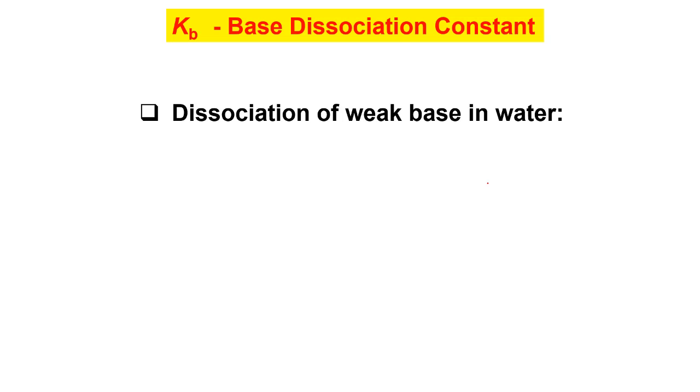Okay, satu lagi Kb ataupun base dissociation constant. So this is also applicable for weak base. So weak base kita tahu dia dissociate very slightly in water. So let's say B is a weak base. So weak base dissociate in water reversibly, very slightly, and form BH plus aqueous and OH minus aqueous. Ini general equation sahaja. So macam mana kita nak tulis Kb expression?